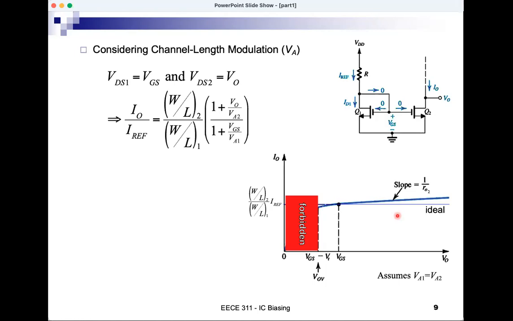I get something that looks like a straight line with a small slope. So that's fine too. And we will discuss later how we can measure how close to ideal we are for such a current source circuit.